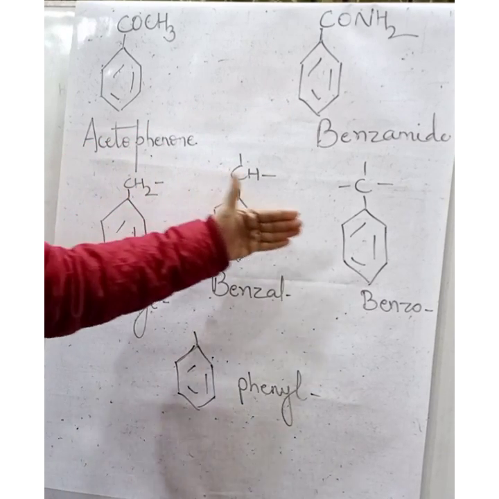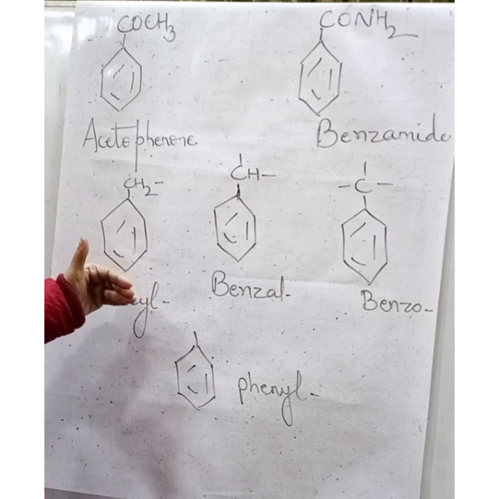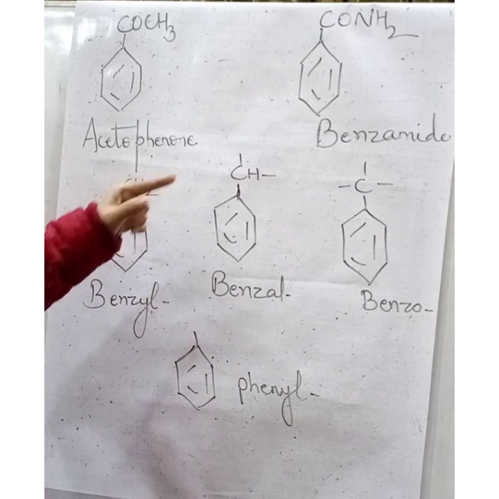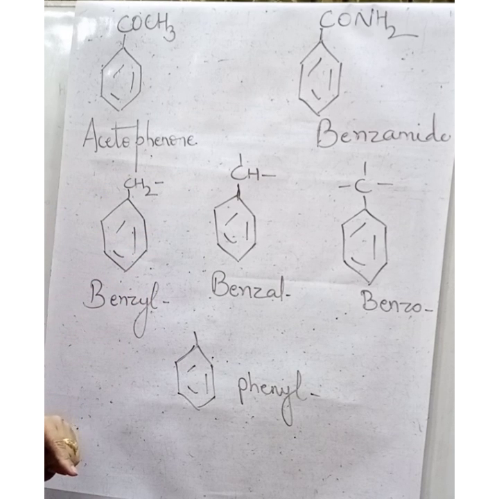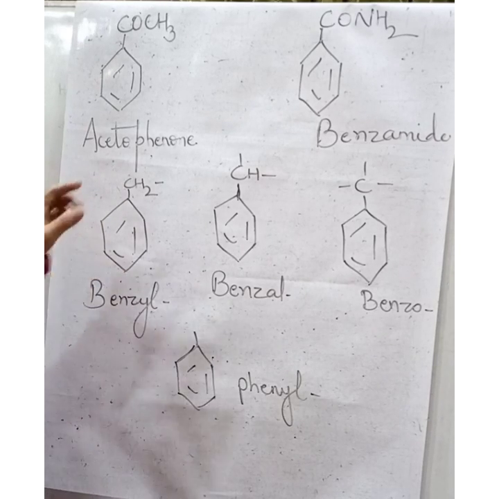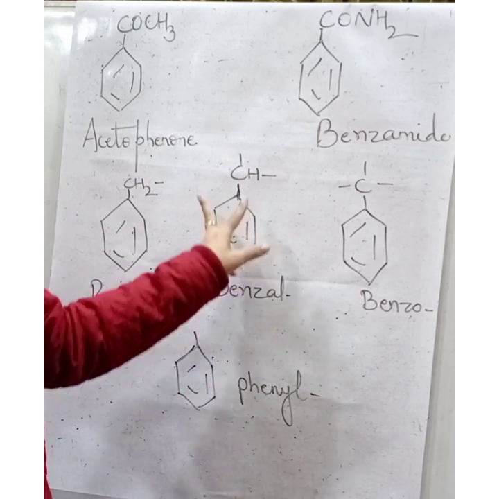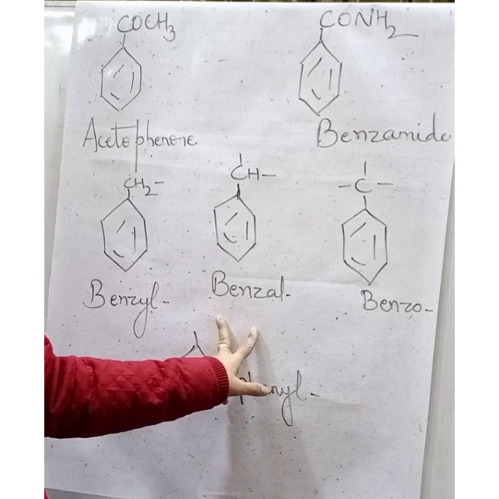Now, some names come from toluene. Toluene means methyl benzene. When one hydrogen is removed and substituted by any other group, then this group is known as benzyl, and after that, whatever group is being substituted can be written. Similarly, if 2 hydrogens are replaced, we call this benzal.